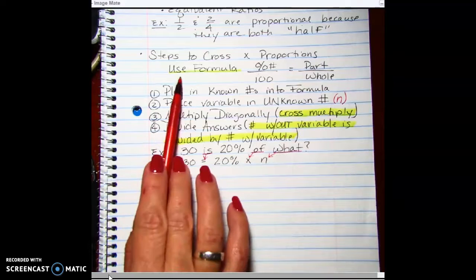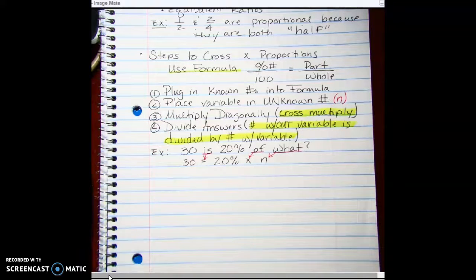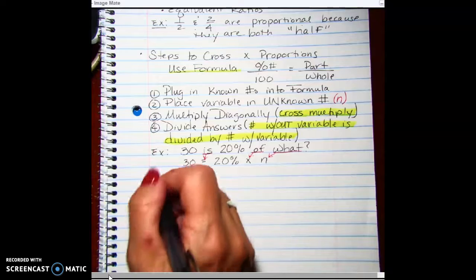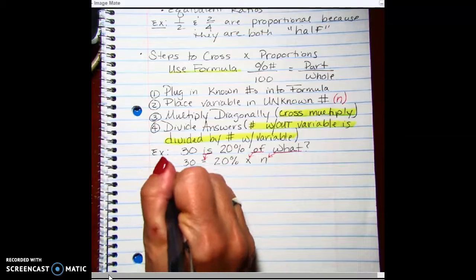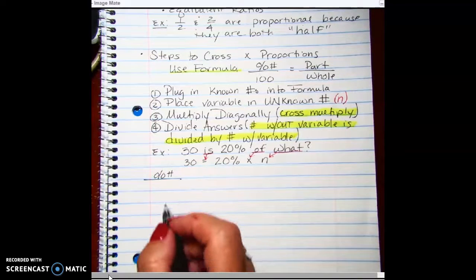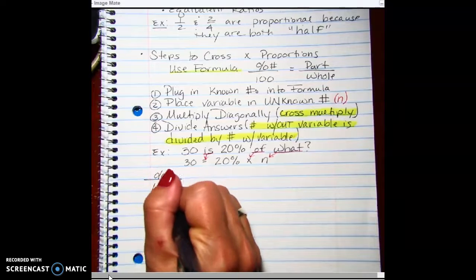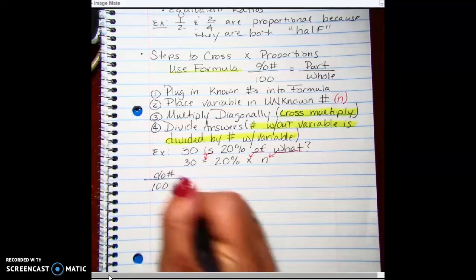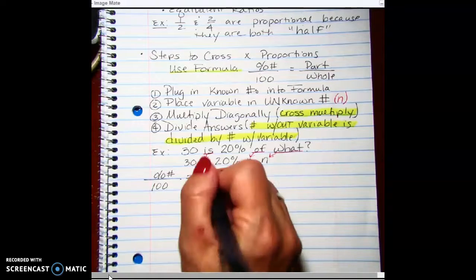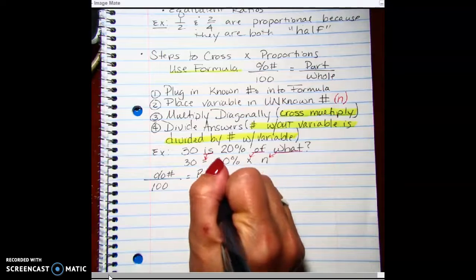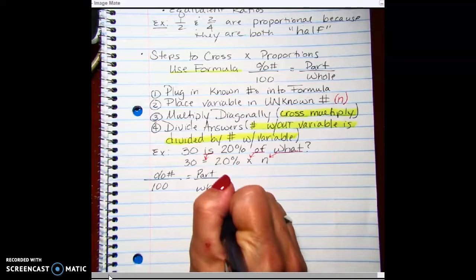So I'm just going to make a point to show how I converted this all. Now I need to start to use my formula. So you know what? I'm going to write it down because this is brand new for me, and I want to make sure that I do this properly. So I have the percent number over 100, and it equals a part to a whole relationship.